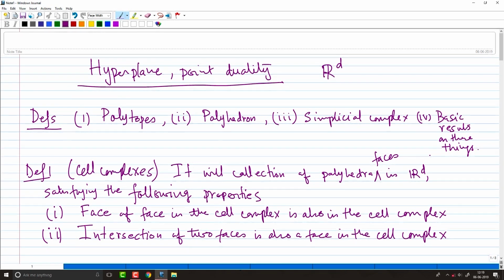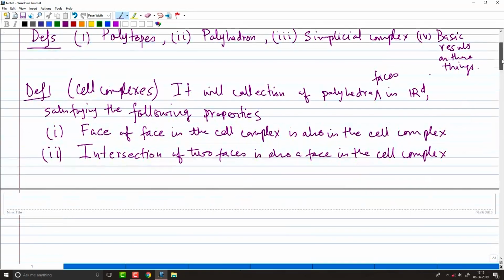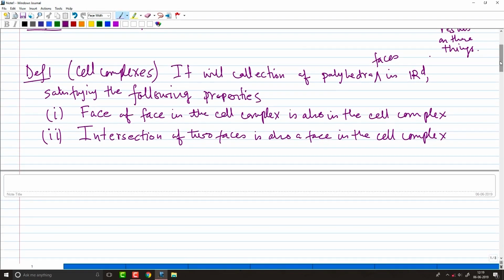Also, in the same way we define dimension, you can define dimension here also. I won't define it, but you can define the dimension of a cell complex also.